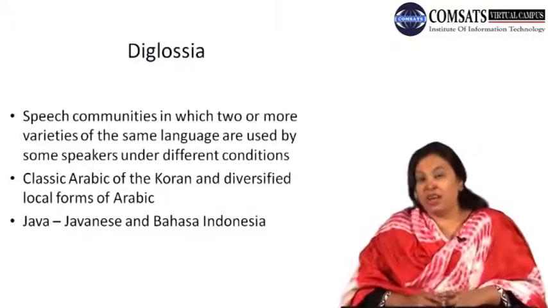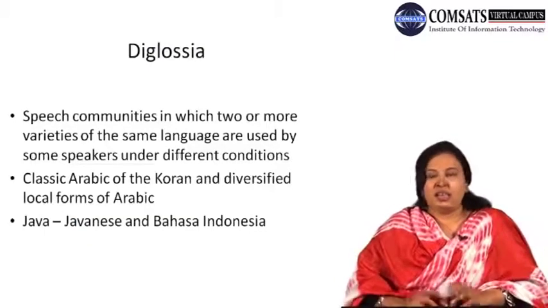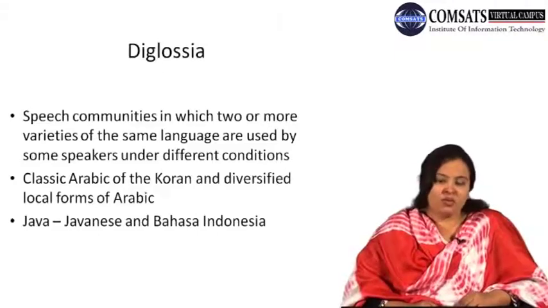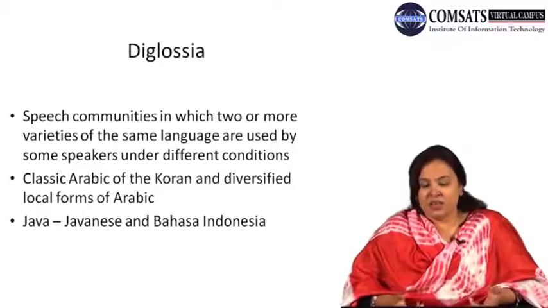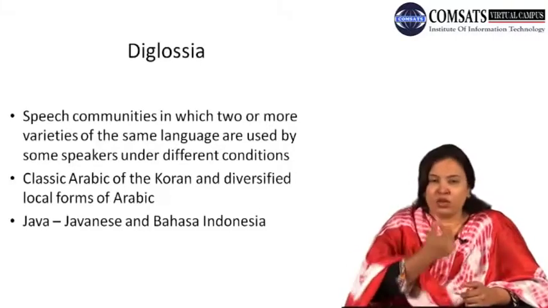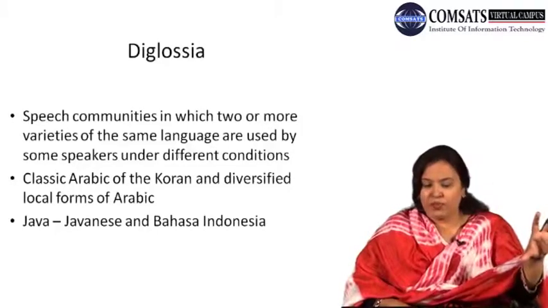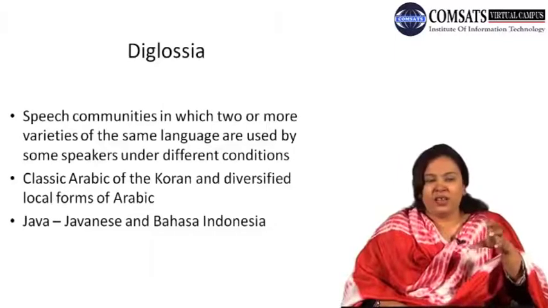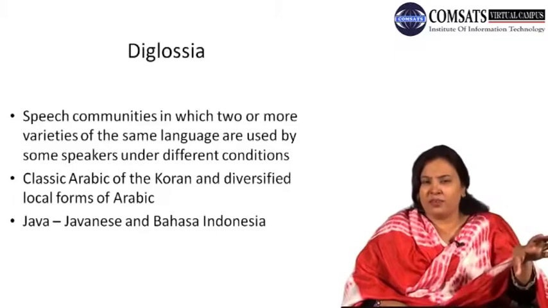Then we have the term diglossia with respect to sociolinguistics. What is diglossia? Speech communities in which two or more varieties of the same language are used by some speakers under different conditions. Like in Saudi Arabia, there are two variations of Arabic: the Arabic language of the Quran, and the Arabic usually spoken by the different tribes in Saudi Arabia or in any Arab country.